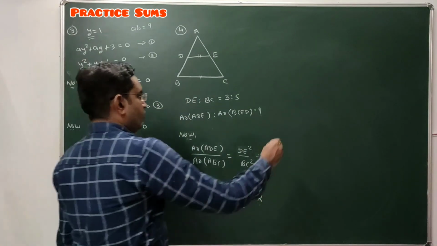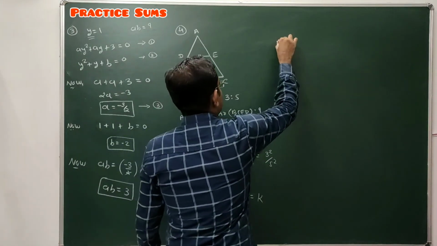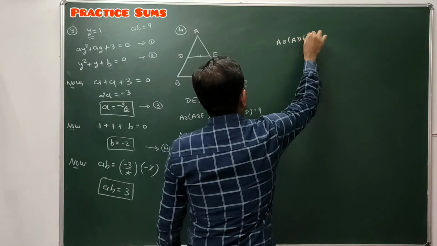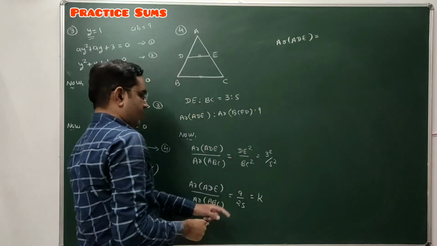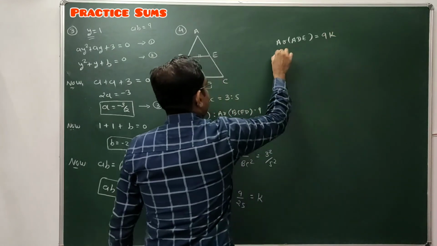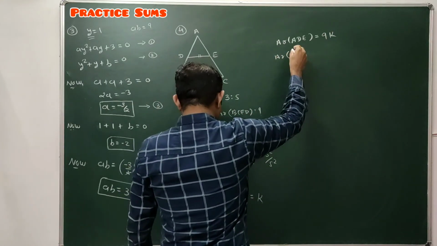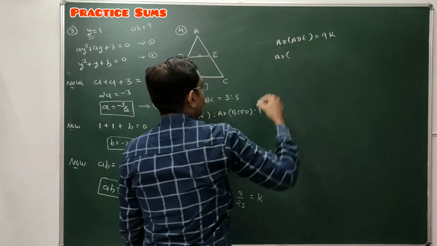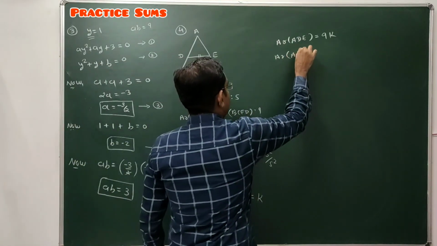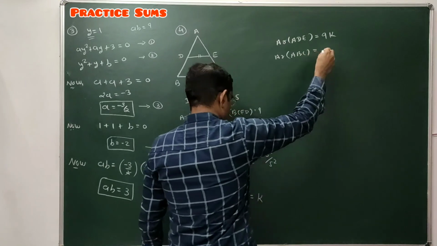So what we can write? We can say that area of the triangle ADE is 9K, and area of this triangle ABC is 25K.